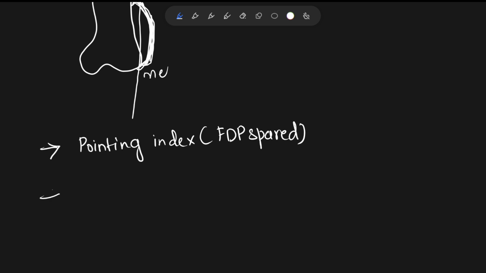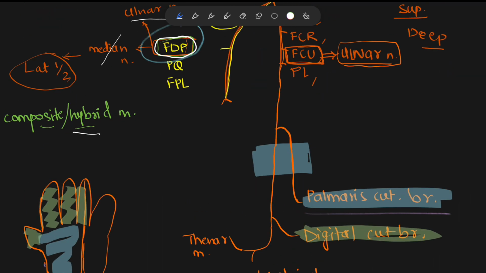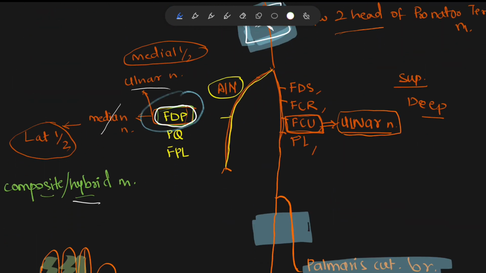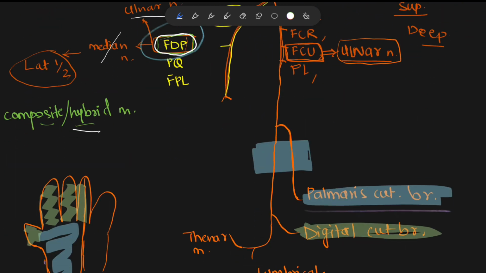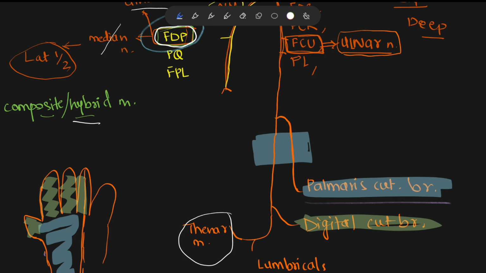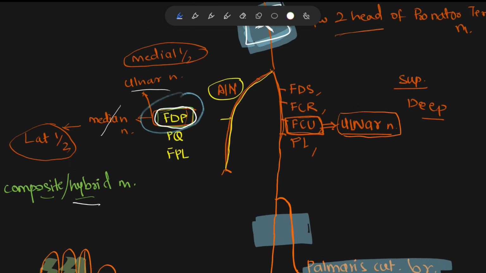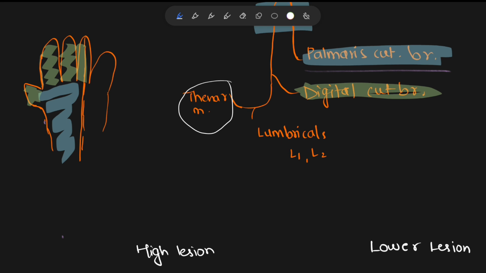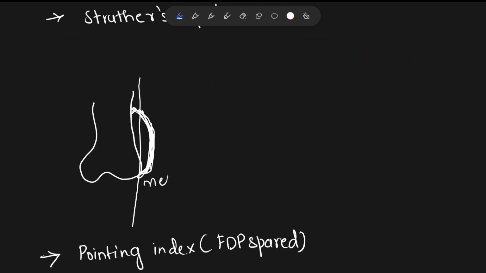Next, what we can see, the lesion is over here, and I told you the thenar group is affected, the cutaneous branch is affected, all the flexors are affected over here, but one muscle is left, that is the adductor muscle, taken care of by the ulnar nerve.